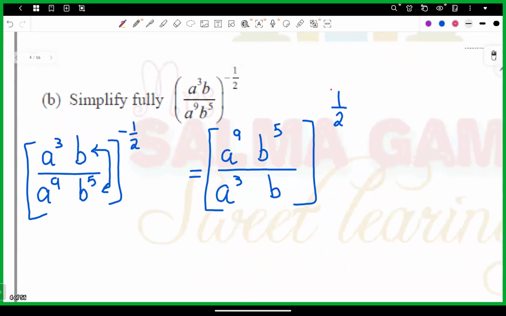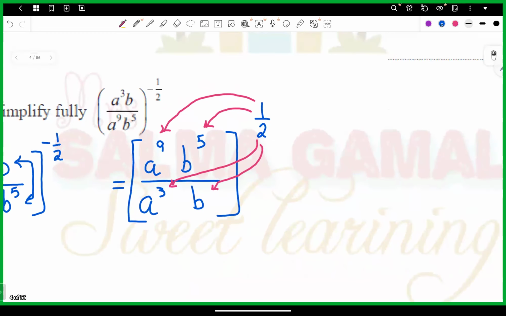After that, I need to multiply half by 9, half by 5, half by 3, half by 1, like this. So this equals a to the power of half by 9, equals 9 over 2.